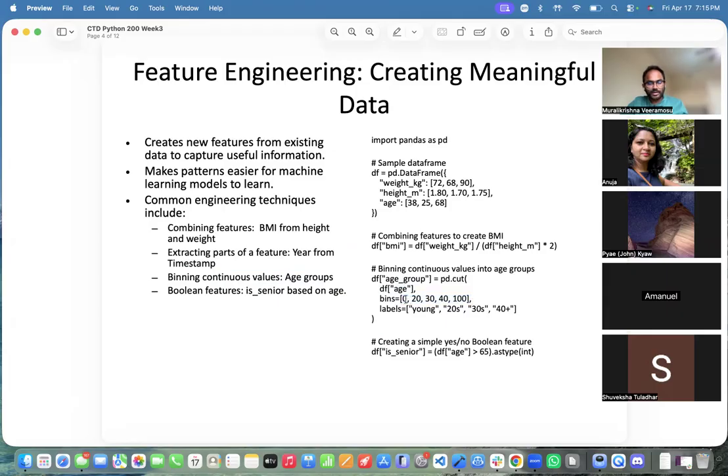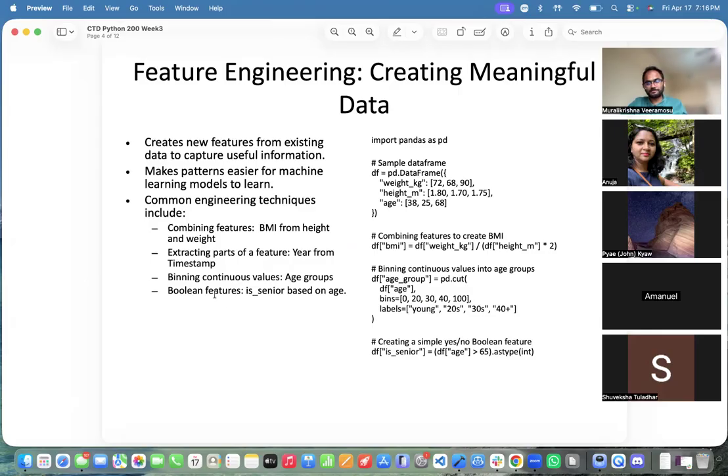We are saying the ages between 0 to 20 should be in one bin, 20 to 30 should be in one bin, 30 to 40 should be in one bin, 40 to 100 should be in one bin, right? And we provided labels to the bins. Between 0 to 20, we are providing the label as young, right? So that is one type of feature engineering.